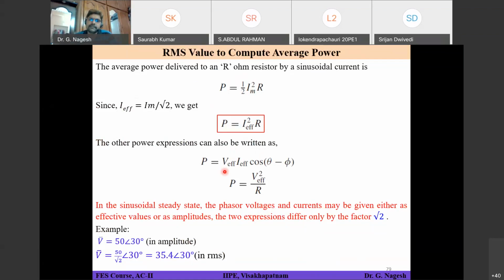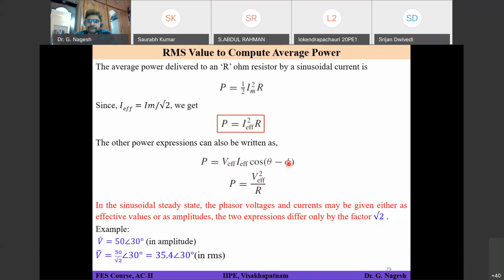If you write Vm Im by 2 as Vm by root 2 into Im by root 2, then you get the power expression as V effective into I effective into cos of theta minus phi, nothing but Vrms into Irms into cos of theta minus phi, or V effective square divided by R. Any of these formulas are valid and you can use any of them to calculate the average power for a resistor. Is it clear?